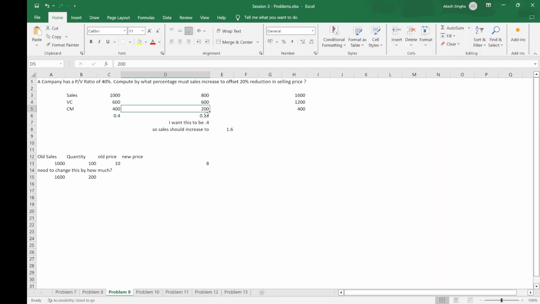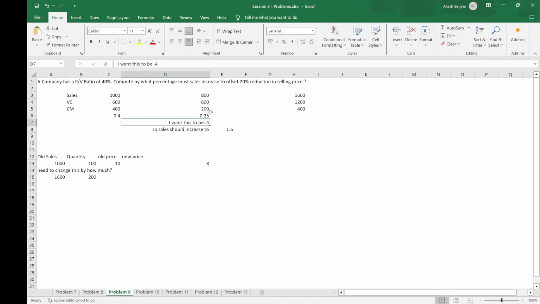And the PV ratio will be 0.25. Okay. But we don't want to change the PV ratio. PV ratio means contribution margin by sales. We want to keep it at 0.4.